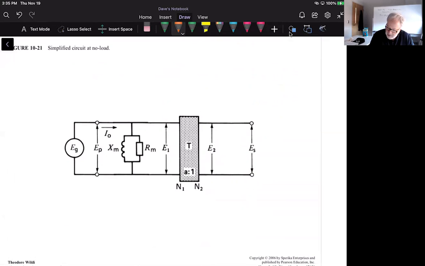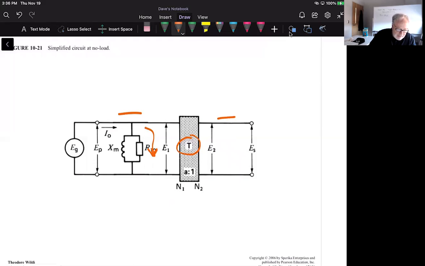And same thing on the other side, so we don't have to account for them. So we have this ideal transformer, and then we still have this magnetizing current, and we know the reasons why: hysteresis and the resistance. So anyway, we have to account for that, but otherwise we've simplified this greatly. All right, so that's no load.